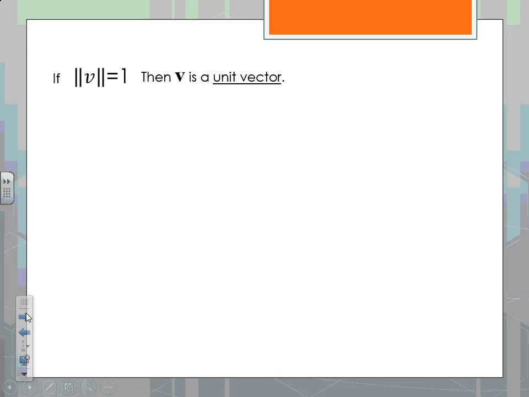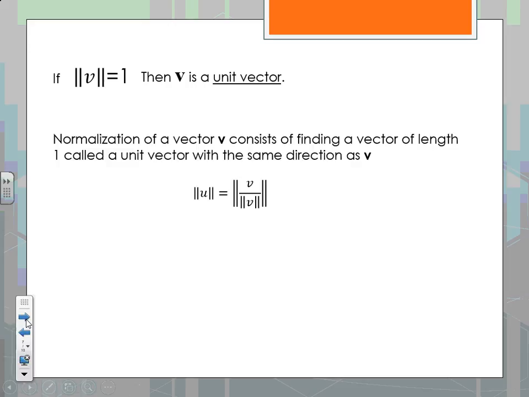Okay. There are going to be times when having a unit vector is beneficial. So it is going to be a good idea that we practice taking a vector and creating a unit vector in the same direction. That is called normalization. We're going to take a vector and create a unit vector in its same direction.